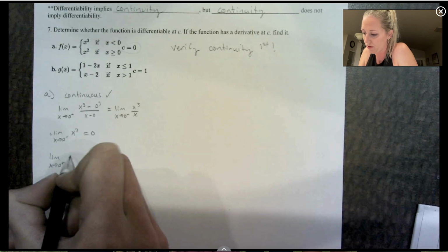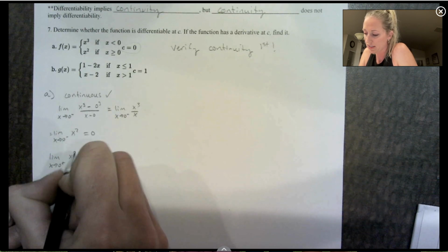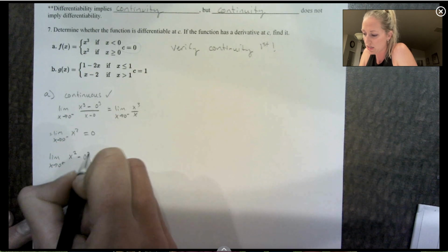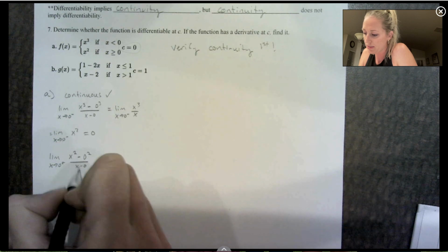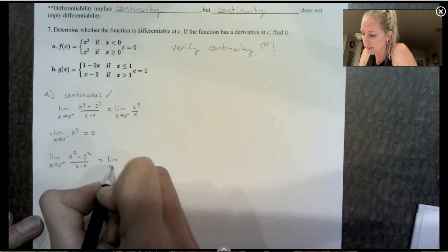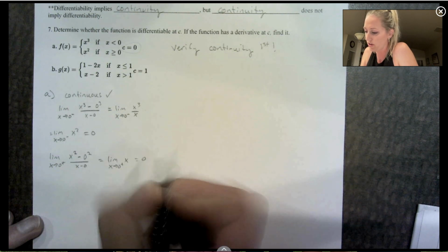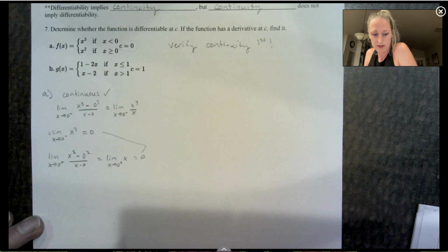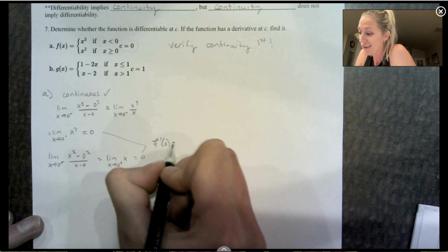For a piecewise function, that's going to be this bottom one. So we're going to use our derivative definition: f of x minus f of c over x minus c. Again, if I simplify this, I end up with x squared over x, which is just x. If I plug in 0, I just get 0. Because those agree, this means f prime of 0 is 0.